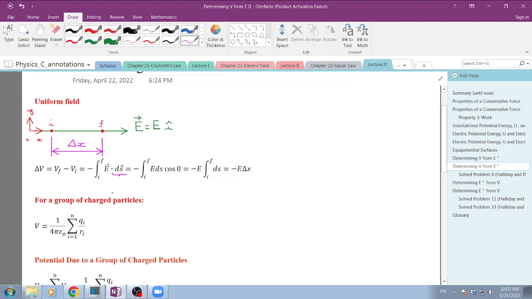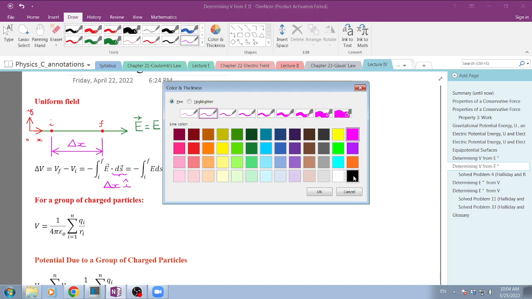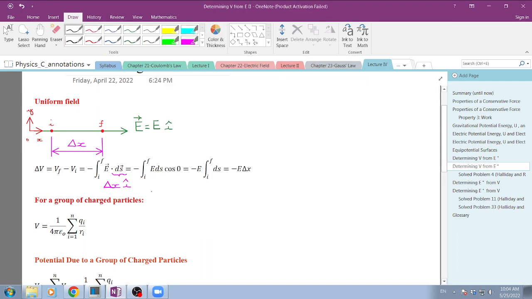This ds is going to be this dx, also in the same direction. So when we do this, and this one is 1.